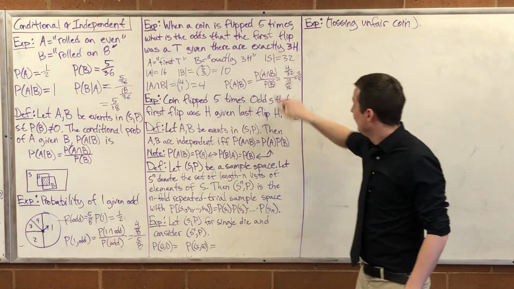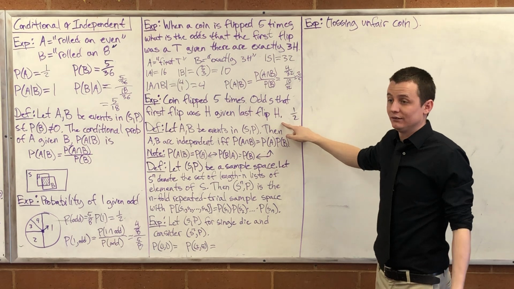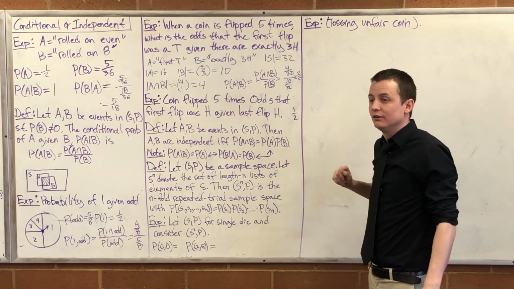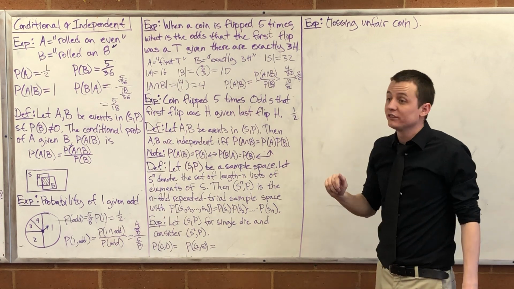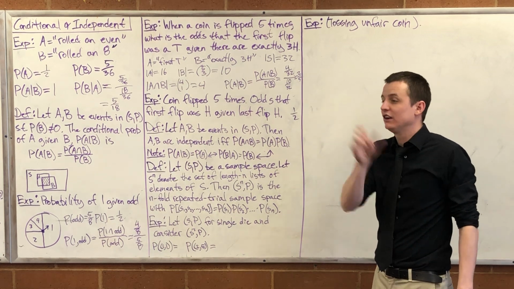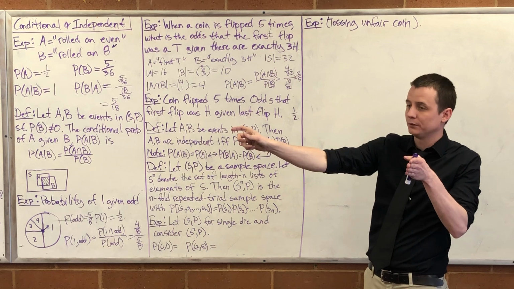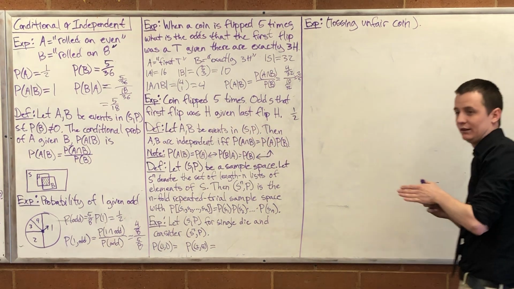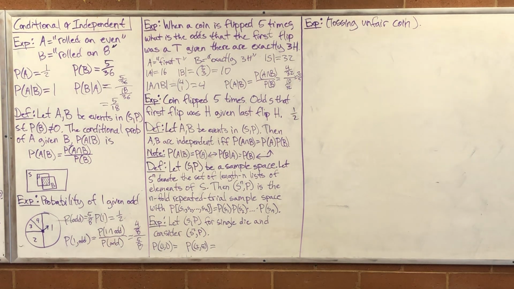That means the other 2 are tails. Here we knew that the last one was a heads. That in no way helps us predict what the first one was. If I knew that one of them was a heads, that changes things. If I know the last one's a heads, that in no way helps me predict the first one. You see how those are 2 different scenarios? Yeah.